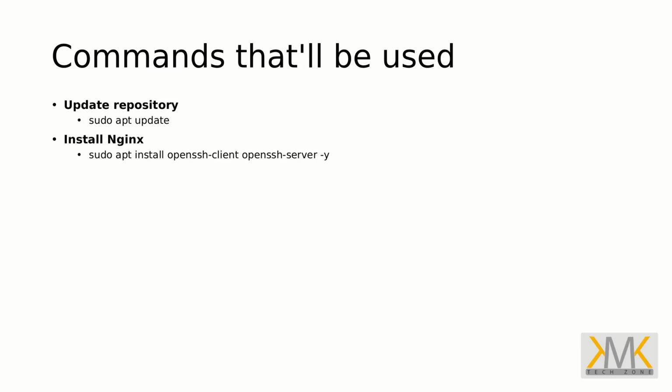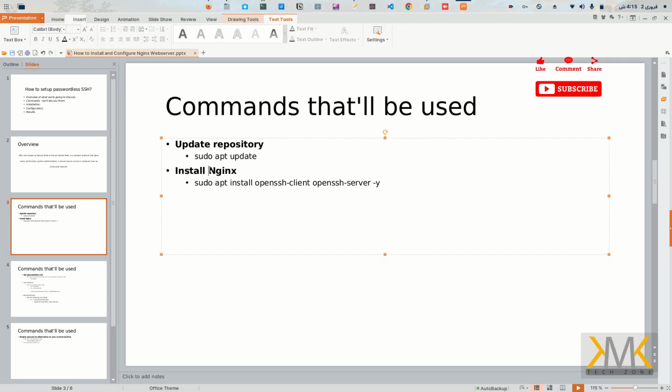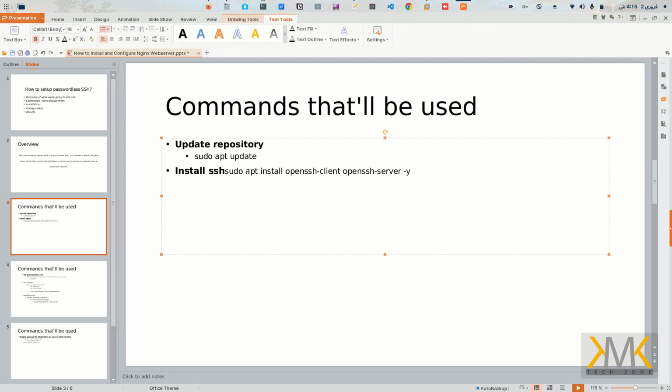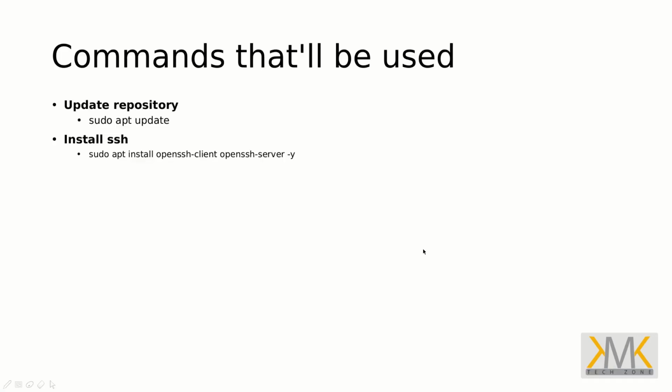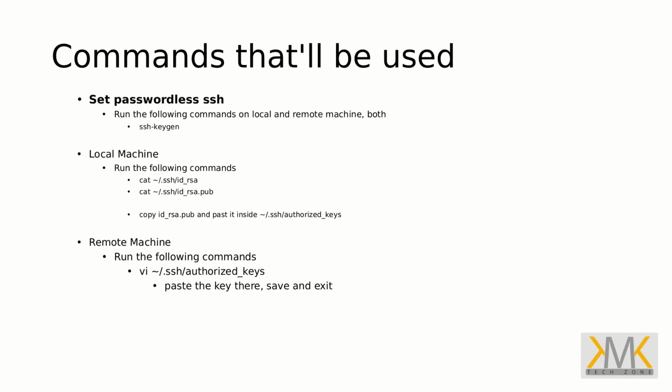So we will first update the repository, and then the next thing is we will be installing SSH. Okay, so we will be installing ssh-server and client on both the machines, on local machine and remote machine.